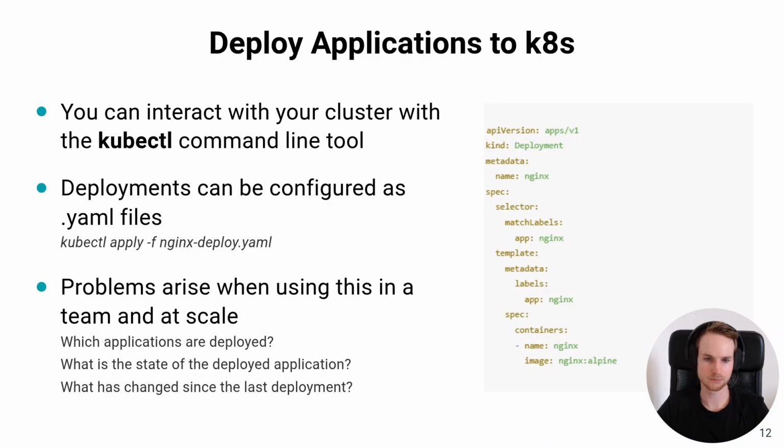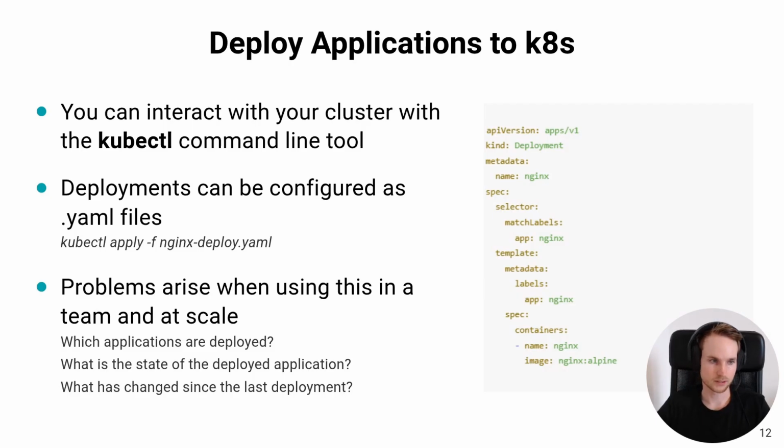But how do I actually deploy an application on Kubernetes? We can interact with the cluster with the kubectl command line. And there we can run commands, which then get redirected to or call the API of the Kubernetes cluster. We can define the deployment files in a YAML file format.